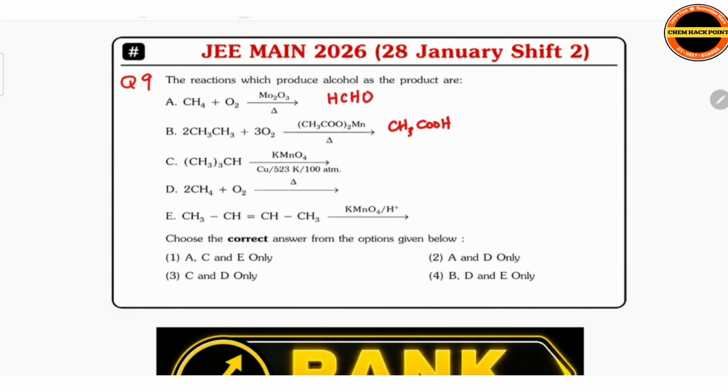KMnO4, tertiary alcohol, so here it undergoes oxidation. So it forms tertiary butyl alcohol, you will get a product like this. So here you will get this one, tertiary butyl alcohol.